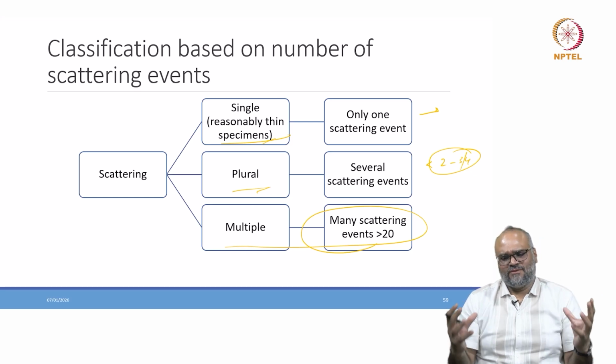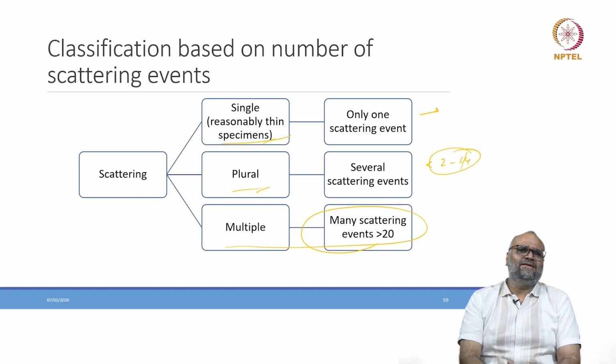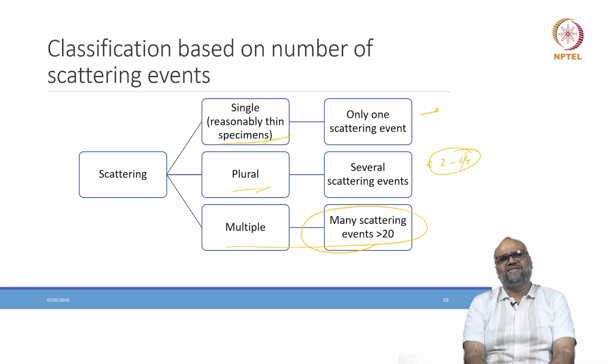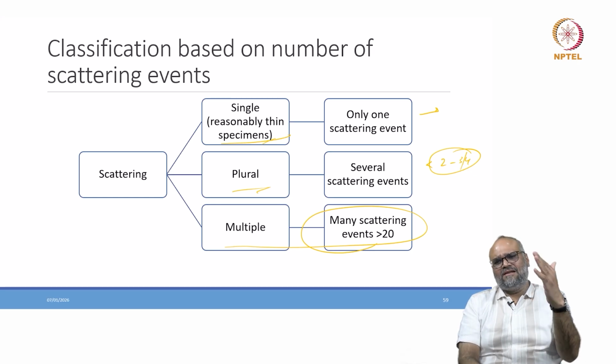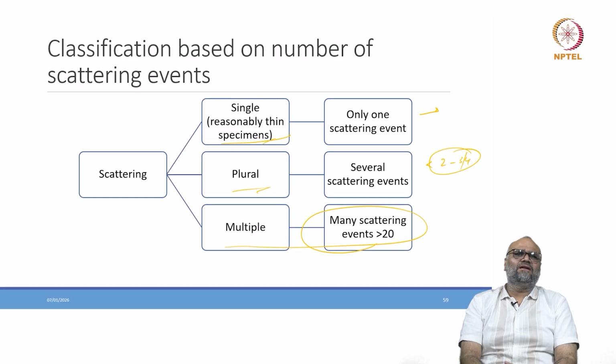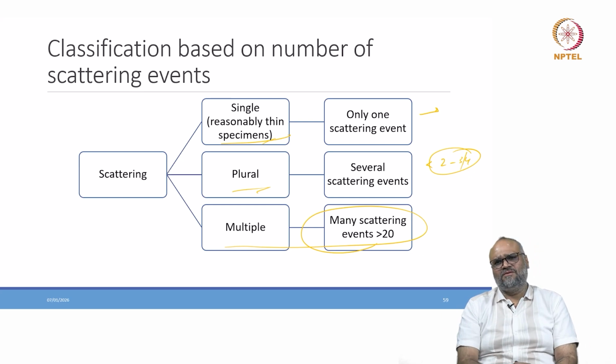You've come up with various classifications, and in the end a consequence of all of these scattering events is causing either a change in the angle of propagation of the electron beam, or in turn it results in change in the phase and the amplitude of the electron beam. So most important in most of the optical techniques, or in electron, or for example neutron or X-ray based techniques, is understanding the intensity and the phase of the incoming probe and comparing with the signal that you collect and formulating an understanding based on this.